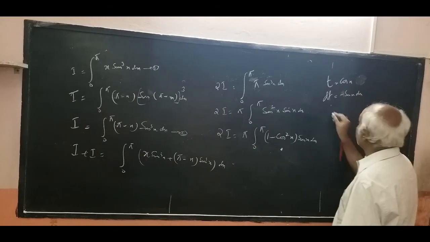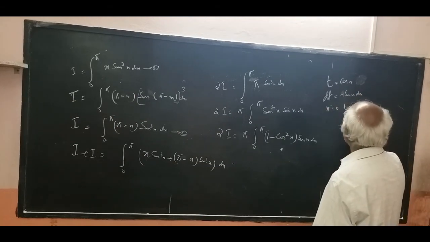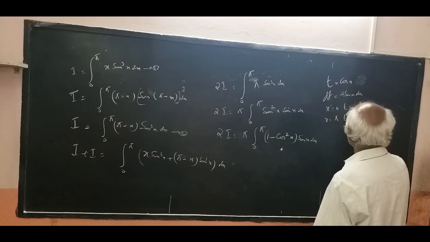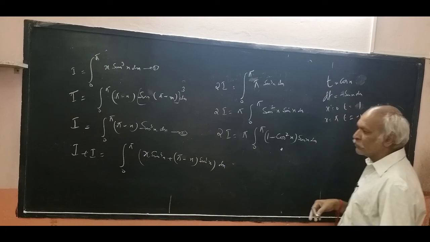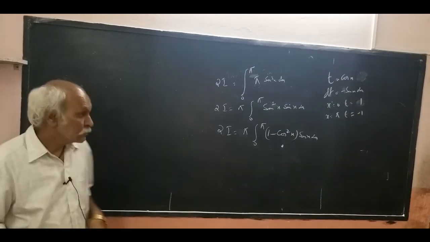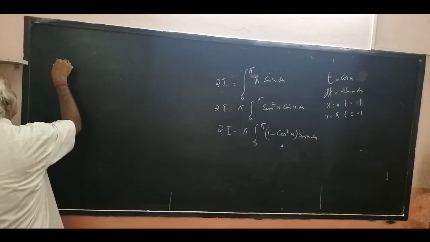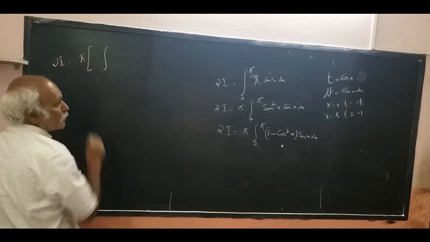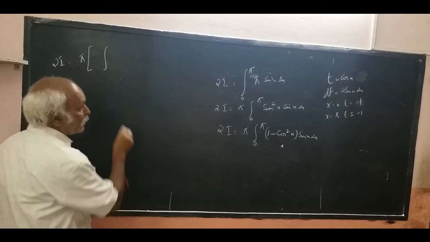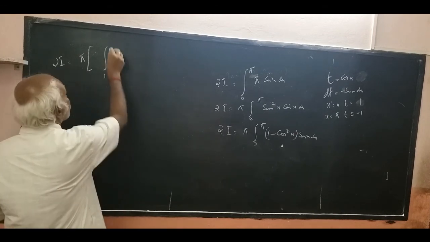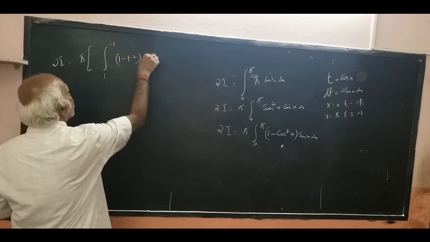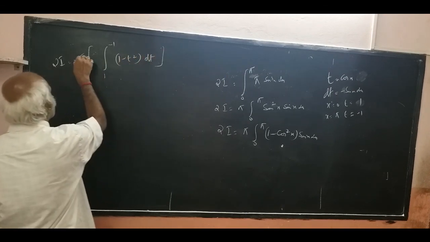Next step: x is equal to 0, t is equal to 1. x is equal to pi, t is equal to minus 1. Similarly, one problem we have done, same model. Okay. 2I is equal to pi into integration from 1 to minus 1 of 1 minus t square dt, with a minus sign.